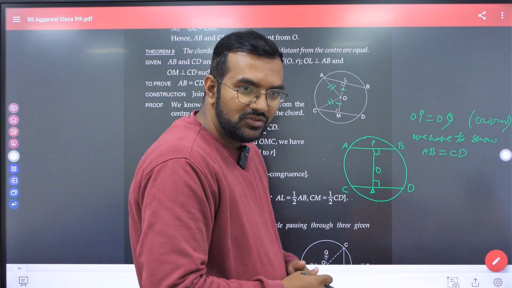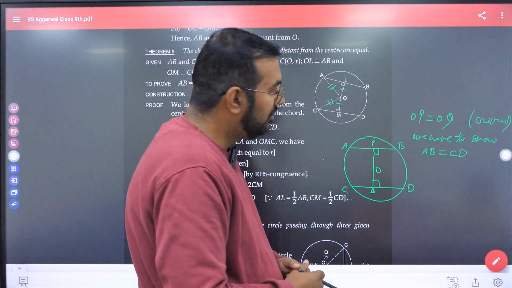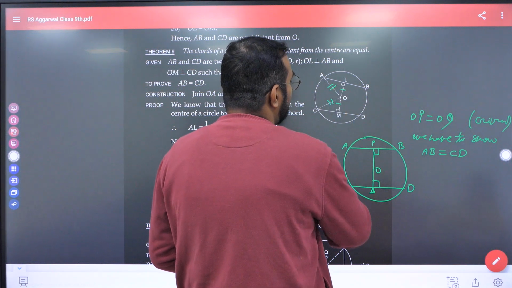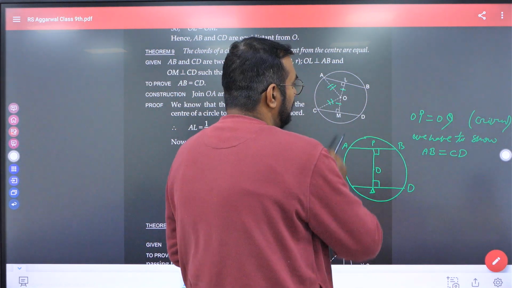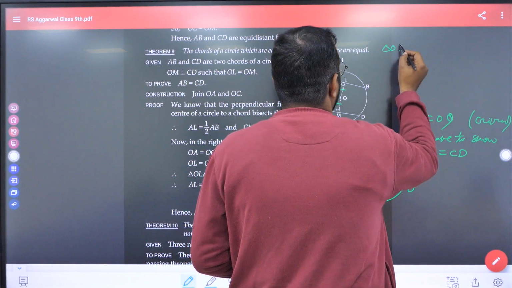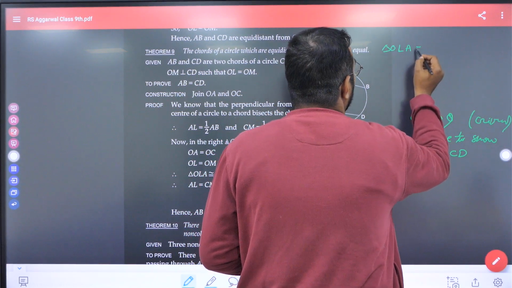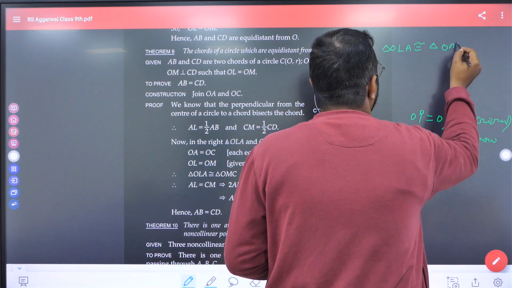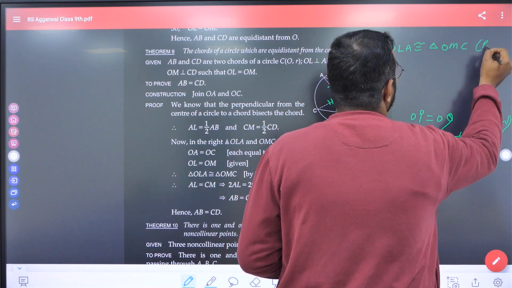So by RHS, these two are congruent. Which two triangles are congruent? OLA and OMC. Triangle OLA is congruent to triangle OMC by RHS, right?